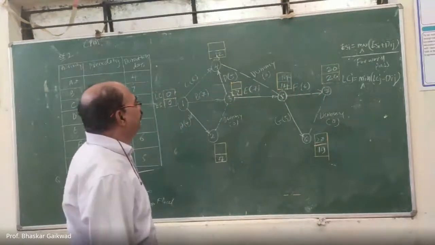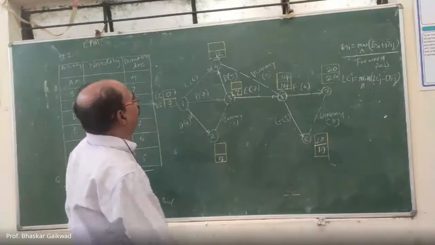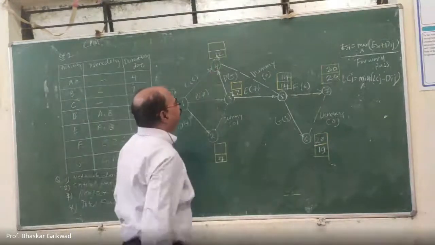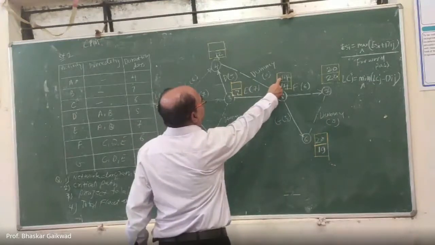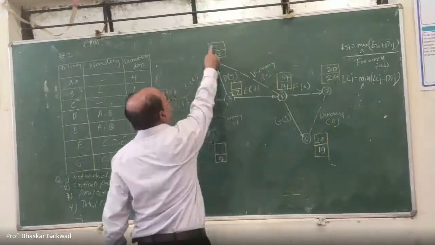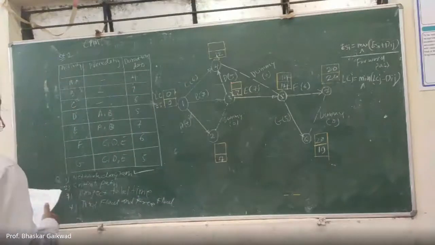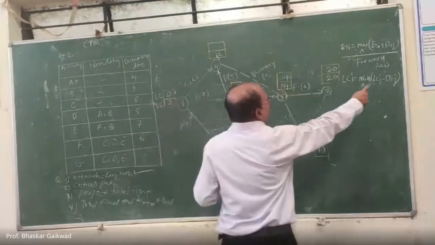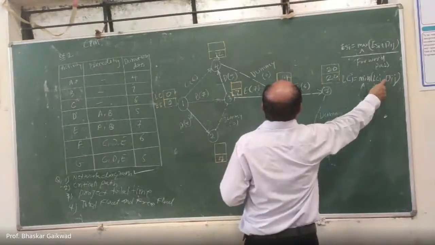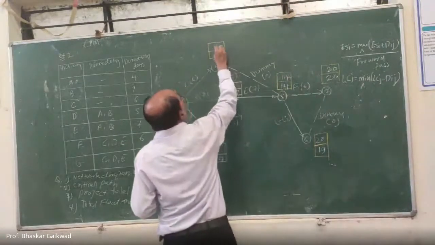Now you come to the fourth activity. LCJ is 14, 14 minus 0. How much there? 14, because this is a dummy activity with duration 0. Here you can write 14.